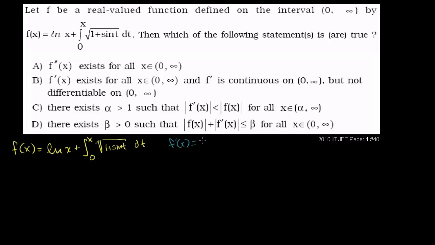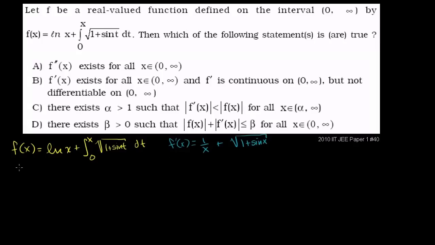The derivative of natural log of x is 1 over x. And the derivative of the integral, that's just the fundamental theorem of calculus, is going to be just the inside expression as a function of x. So plus the square root of 1 plus sine of x.